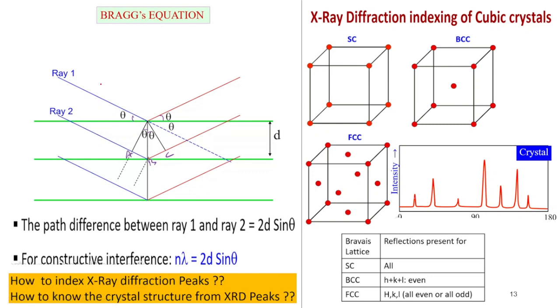The thing is, let us take a particular X-ray striking two planes. So let's say this is ray 1 coming like this, and ray 2 also coming in phase. Once ray 1 strikes, it will diffract and keep traveling.